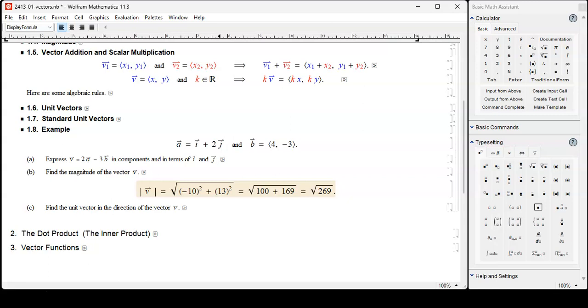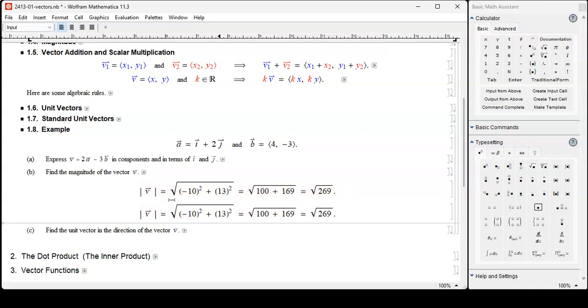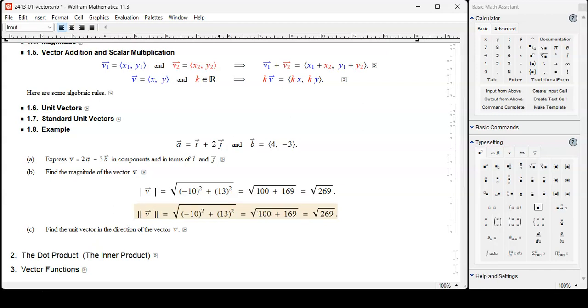By the way, our textbook authors write the magnitude with this absolute value notation, but a lot of people use this expression, the double vertical bar. I prefer the latter notation a little bit more. The reason? This way I can clearly see the distinction between the magnitude of a vector versus the absolute value of a scalar. If you have just a single vertical bar, then that's the absolute value of a scalar.